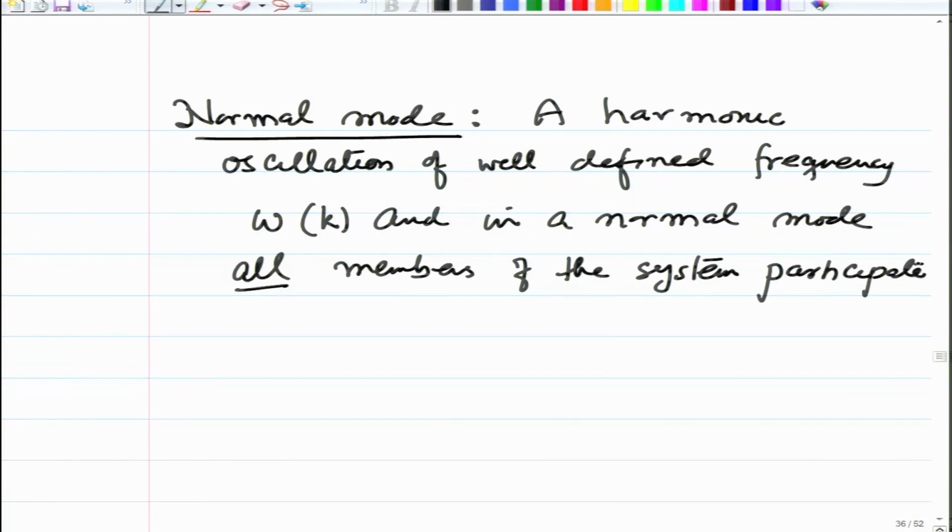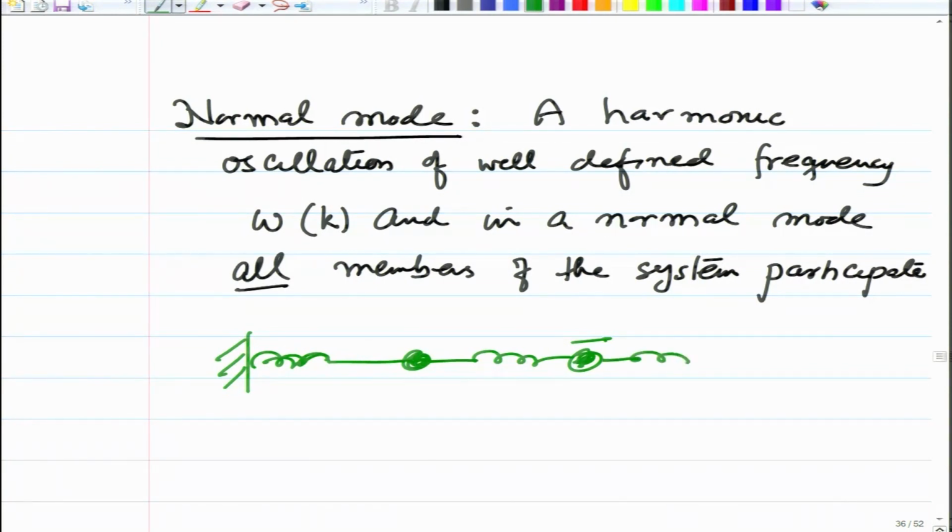An example of a normal mode that we gave in your 0th assignment was these two masses connected by a spring to a wall. So, it was not the frequency of one particle oscillating, both particles were participating, and you got two frequencies, there were two normal modes.